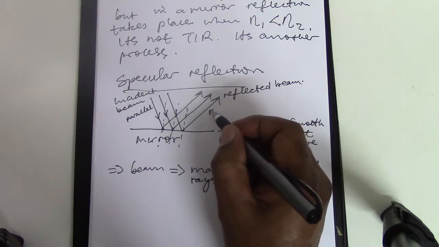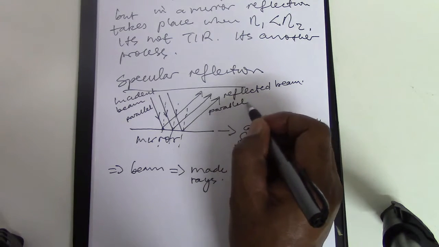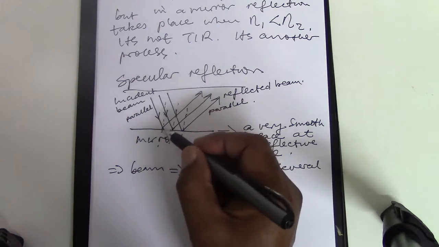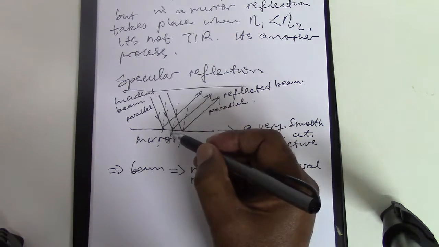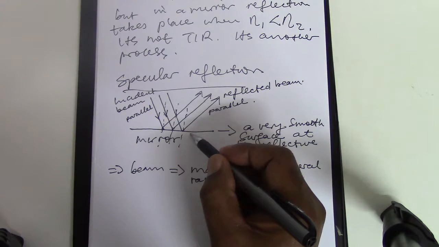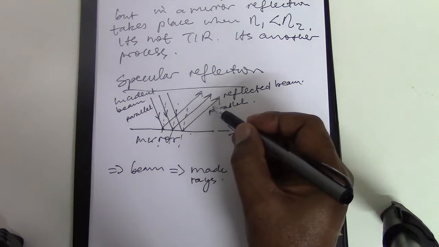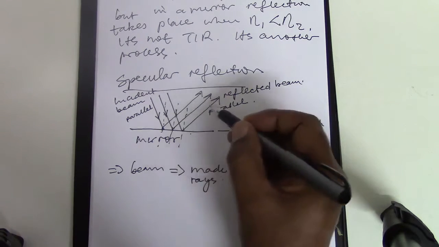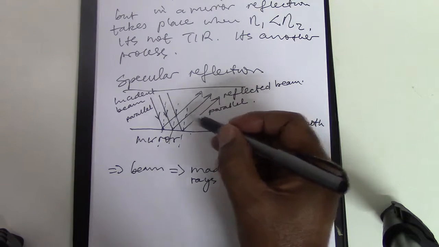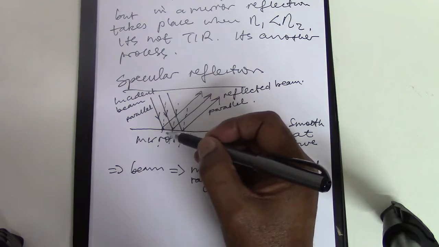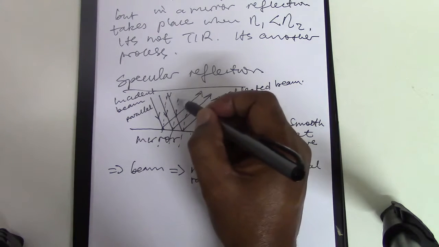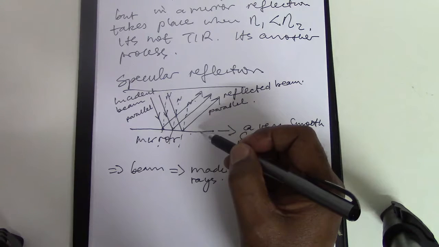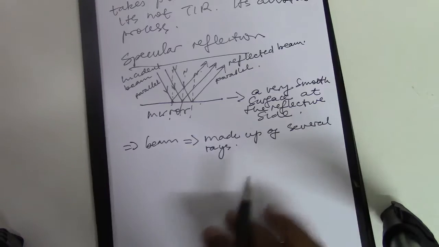And when they are reflected, they are also parallel. In other words, the incident rays are parallel when they are incident on the interface, and they are reflected still parallel. In other words, the reflection takes place maintaining the same angle of incidence for each ray.